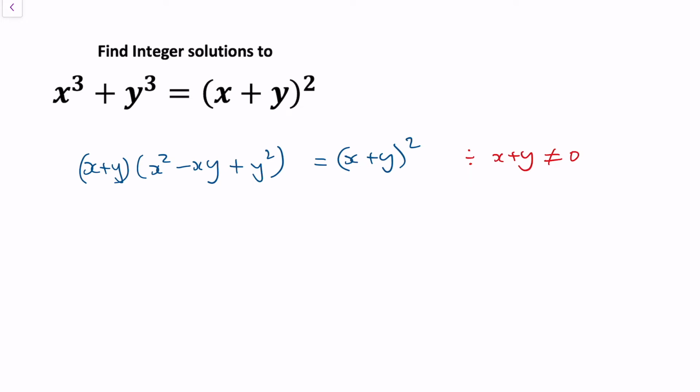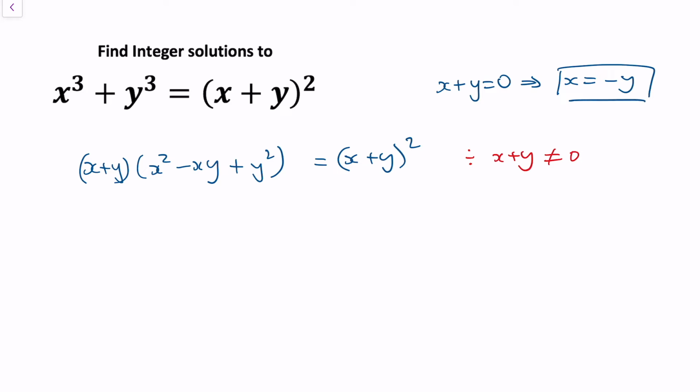Now the problem with this is that you might be losing some solutions, because if x plus y equals 0, the equation is obviously satisfied. So one set of solutions we have to consider before we divide is x plus y equals 0, which implies x equals minus y.